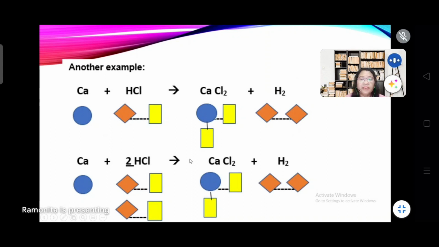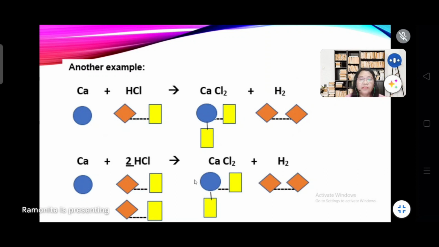So placing the 2 in the reactants, we can observe now that there are already 2 hydrogen, which is the diamond, and 2 chlorine, which is the rectangle. So observing the shapes, from the reactant there is 1 calcium, and for the product there is also 1 calcium.